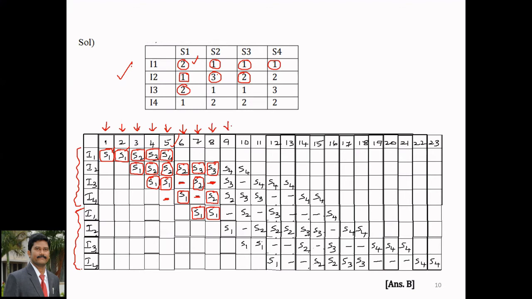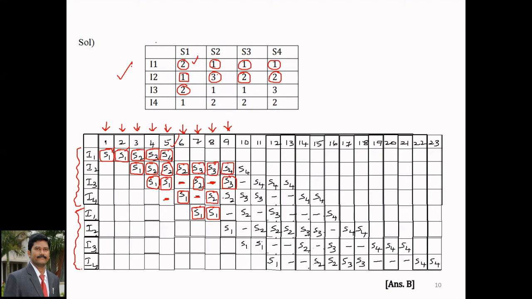At clock cycle 9, I2's S3 is completed, and S4 takes 2 clock cycles, so I2 enters S4. I3 enters S3 because S3 is free.